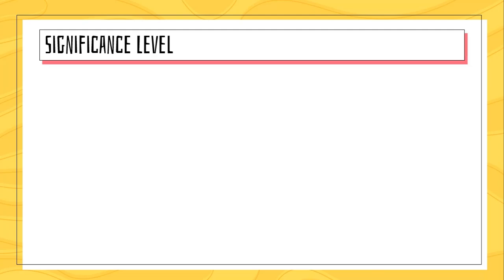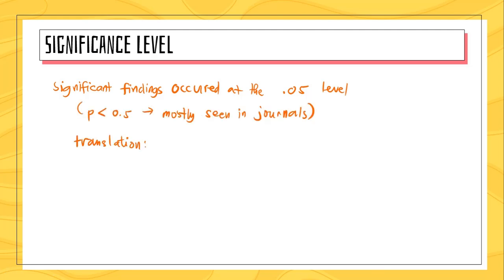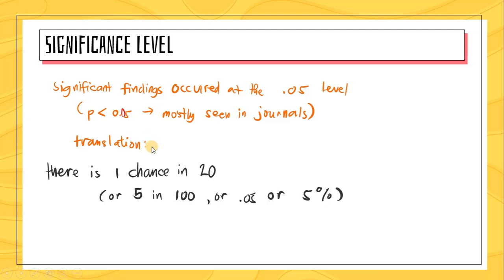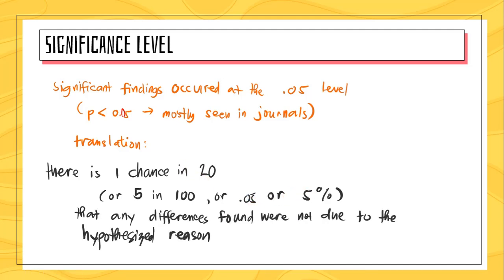So there is this concept in statistics, the significance level. In most research papers, you might see significant findings occurred at the 0.05 level. You will see this probability is less than 0.05. So translation: that could mean there is 1 chance in 20, or 5 in 100, or 0.05, or 5% chance only that any differences found were not due to the hypothesized reason, for example, whether mom works.